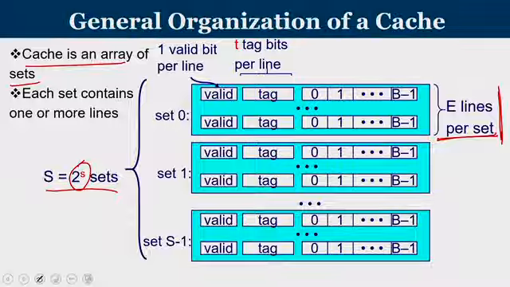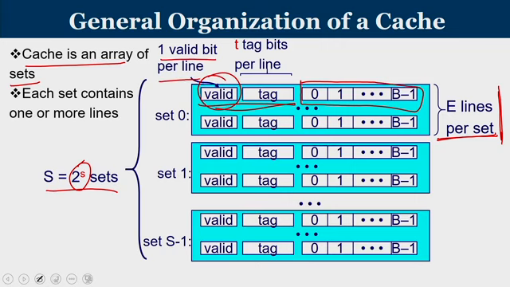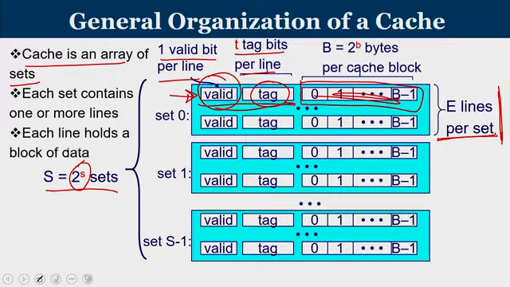And in each of these lines, we have the data storage portion where I keep data that has been brought from main memory. You have some control information, which is called the valid bit. One valid bit is there per line, and t tag bits are there for each cache line. So, in each cache line, this is the place where your data is located, you have a valid bit, and you have a set of tag bits.